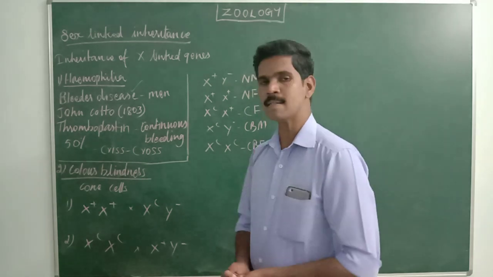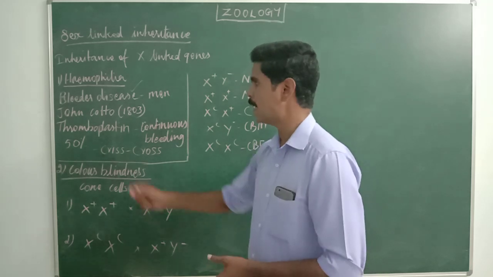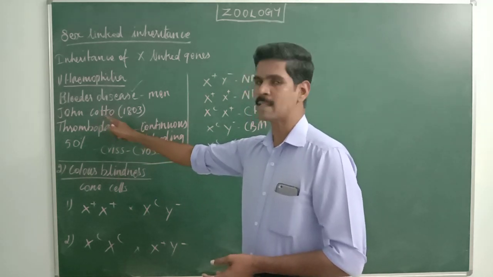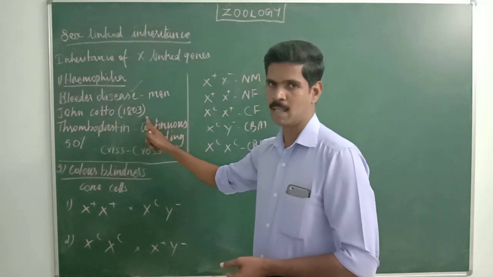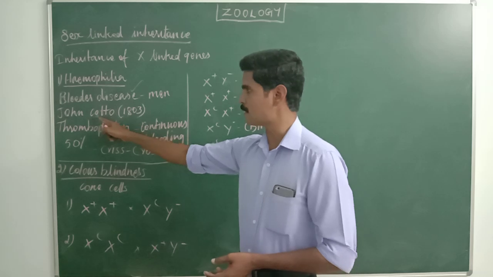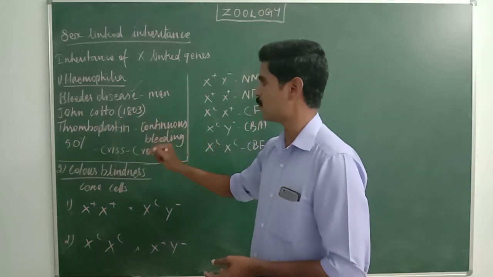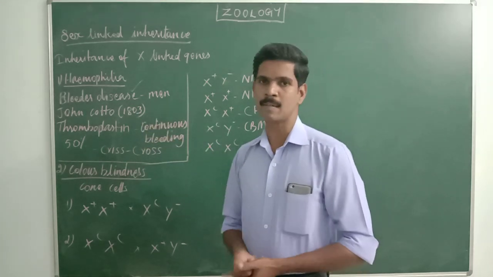The third point: this disease was first reported by a scientist named John Cotto, who first explained this disease in the year 1803. So John Cotto first identified and explained this hemophilia disease in the year 1803.